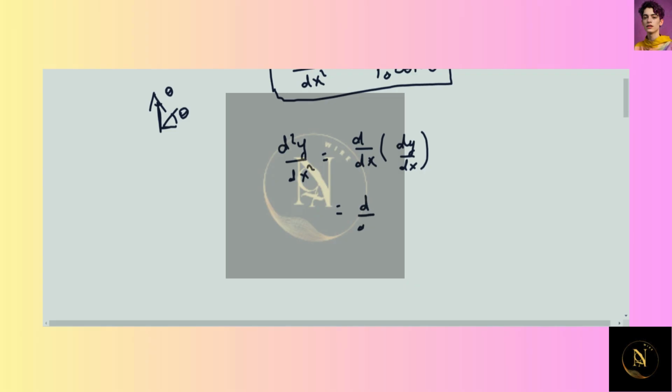So this becomes d by dx of tan theta. And the derivative of tan theta is sec² theta d theta over dx. So this becomes our second equation.